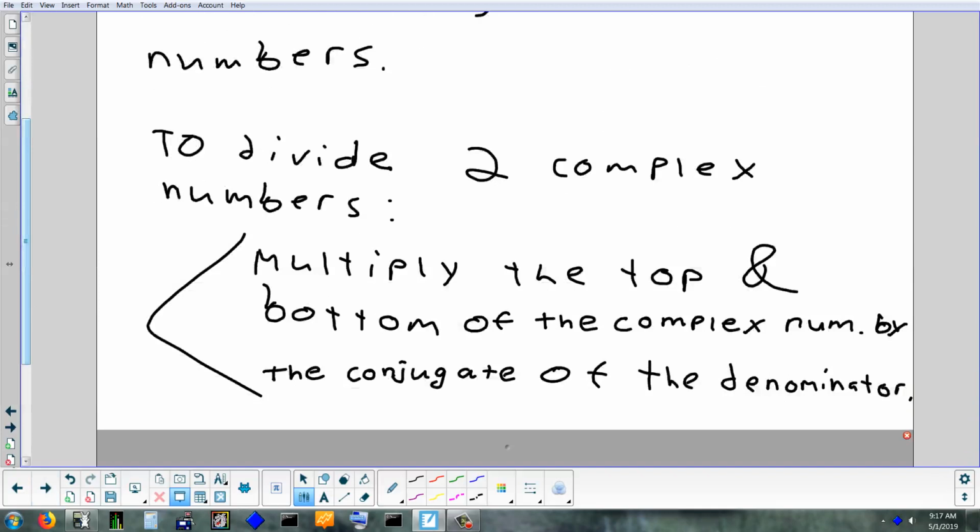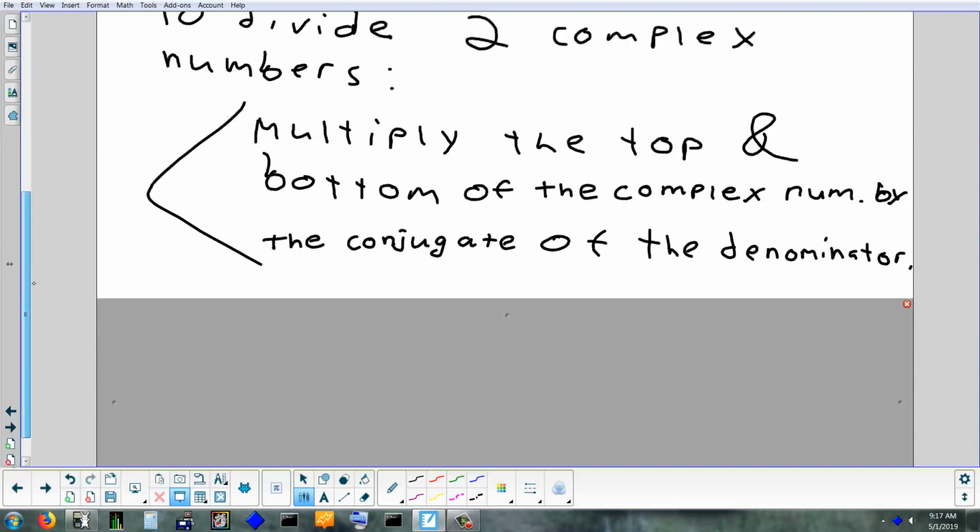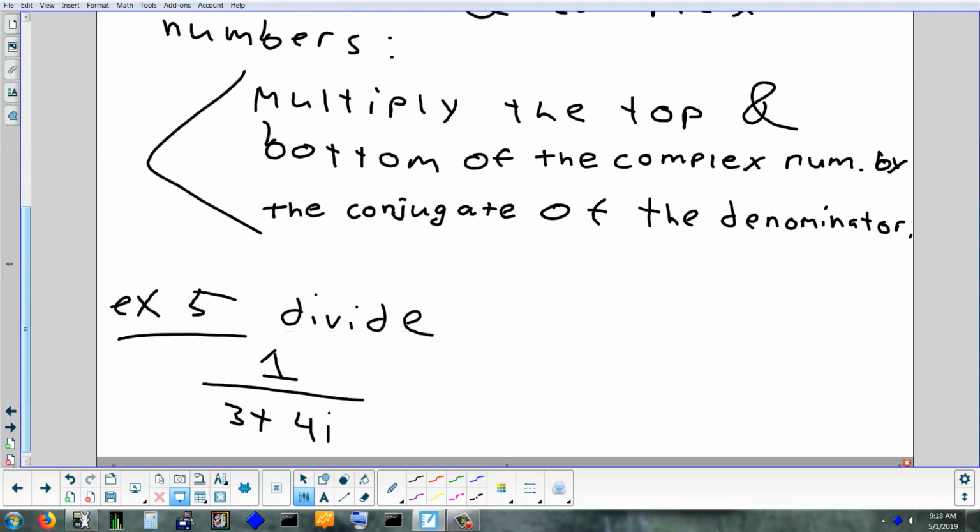Okay, you don't divide. You're going to multiply the top and the bottom of your complex number by the conjugate of what was in the bottom. So a problem would look like that.